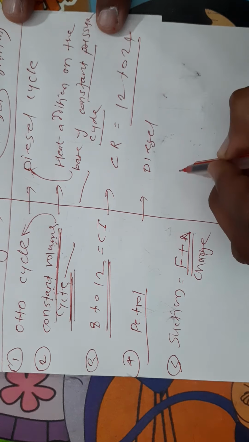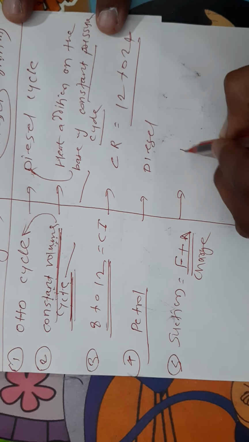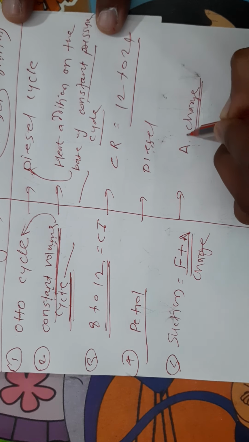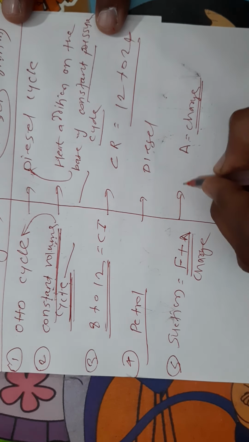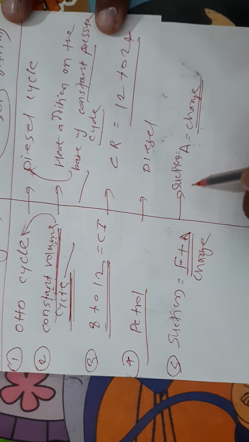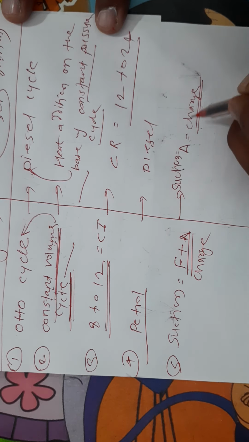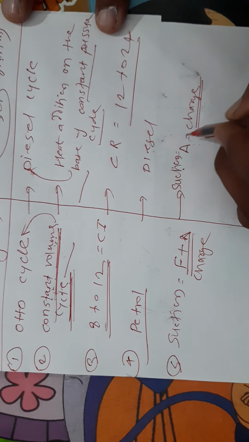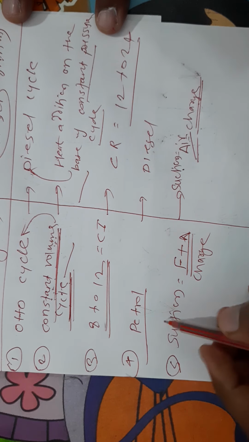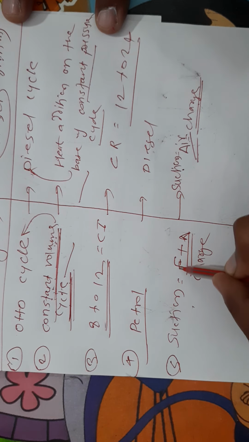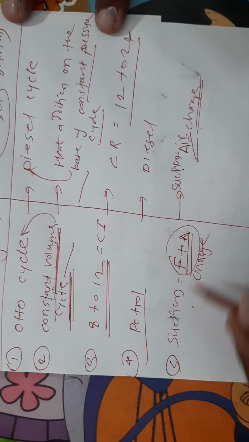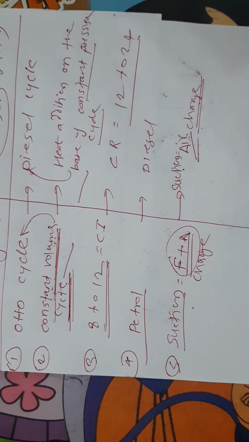But in our four-stroke CI engine, we have only air as a charge during suction. So during suction, in the cylinder we have only air as a charge, and in our petrol engine we have fuel plus air in mixed form.